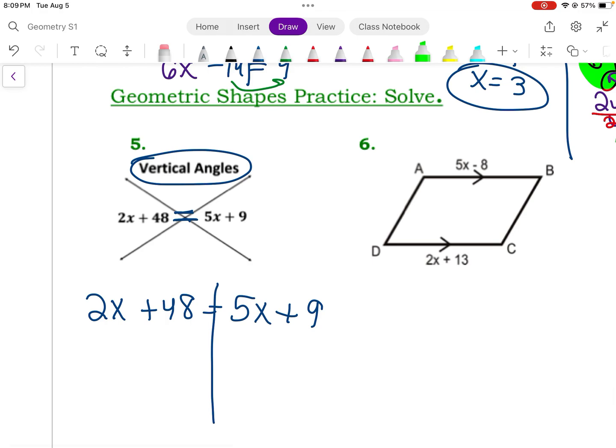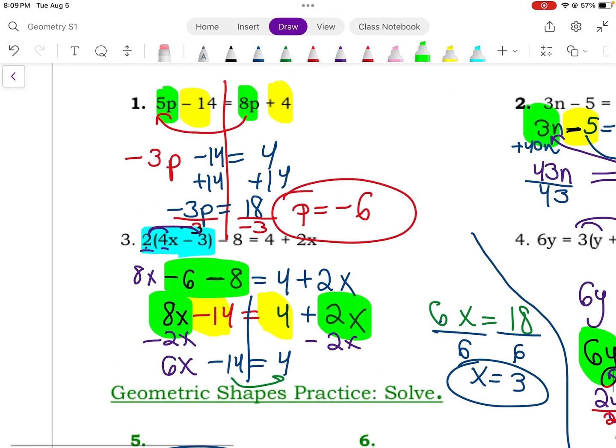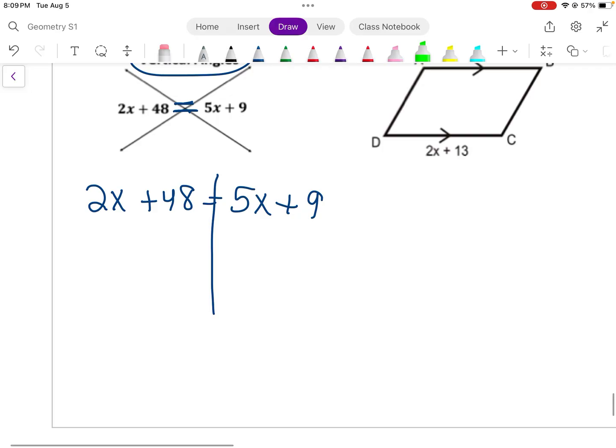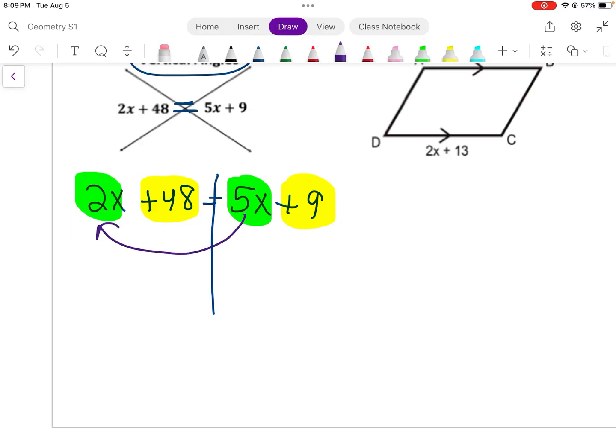So 2x and 5x. So again, I have my variables, I have my constants, and think about how you're going to set that up. So if I move this over, I'm going to be subtracting it. And I'm going to move this over. How am I going to move it over? By subtracting it.